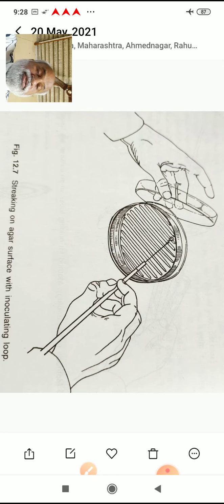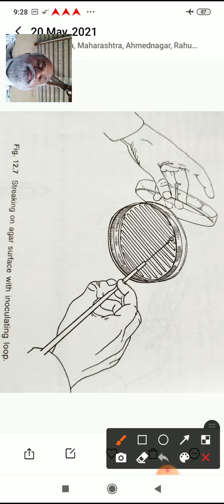and microorganisms are separated from each other. This is the purpose. See, initially here you can see this is the inoculation needle. On its tip you can see the loop, a wire loop made of nichrome, or maybe tungsten coated.